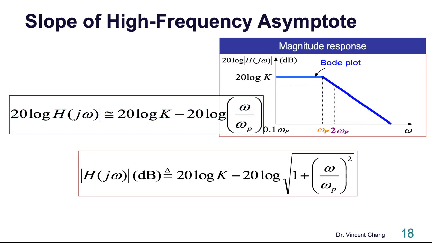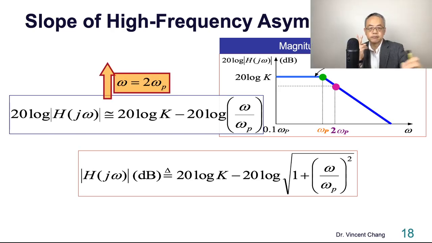All right? So now, let's come back to the question I was asking you: how to specify the slope. Let's start with the green point, when omega equals omega p. And then when you increase the frequency 2 times, from omega p to 2 omega p, the purple point, what happens?